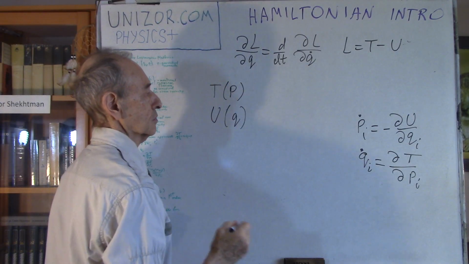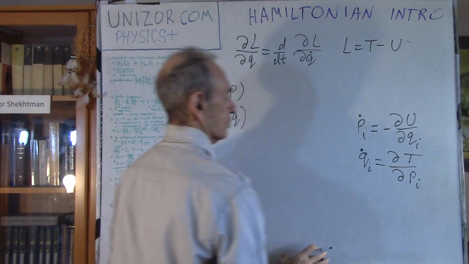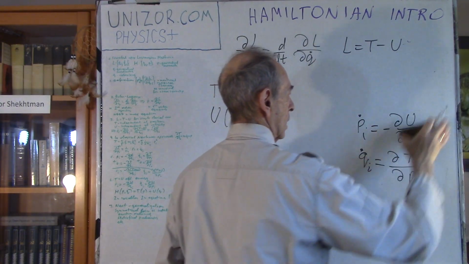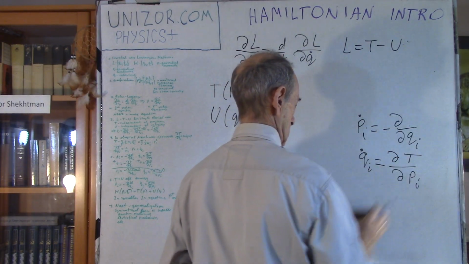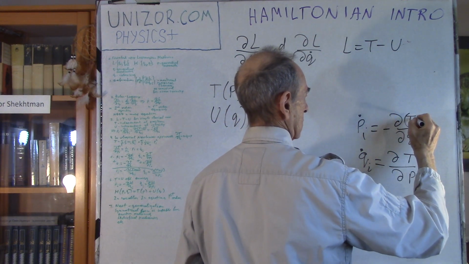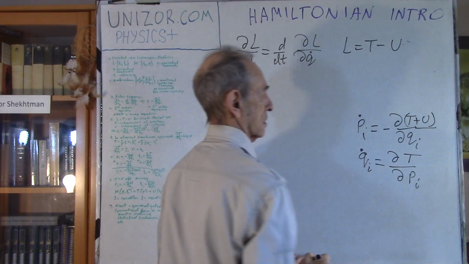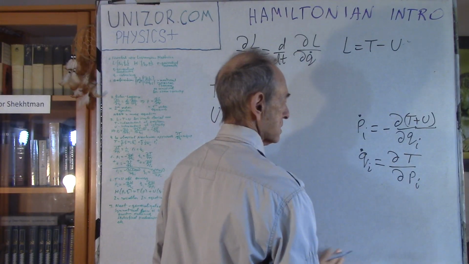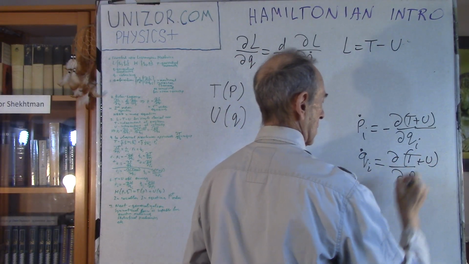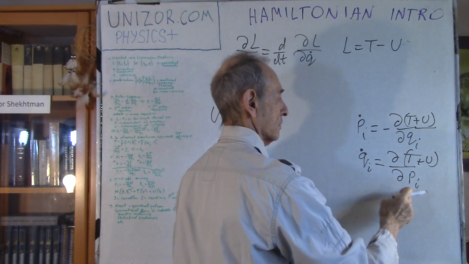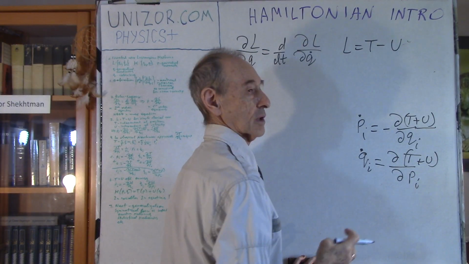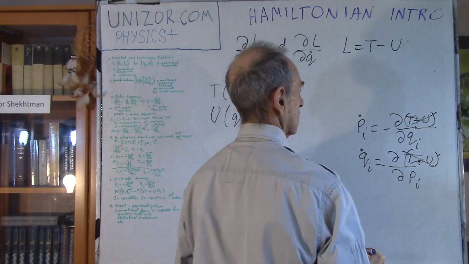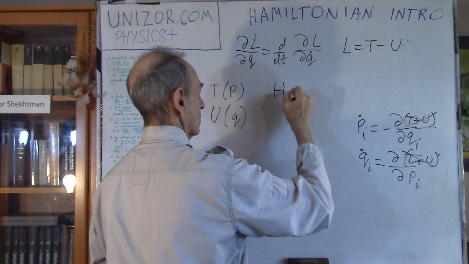So what I can do is I can put here, instead of U, T plus U. And it doesn't really change anything because T is independent of coordinate. Instead of this, I can also put T plus U because U is independent of momentum. It depends only on position. Now I have the same function, right? I call this function Hamiltonian.